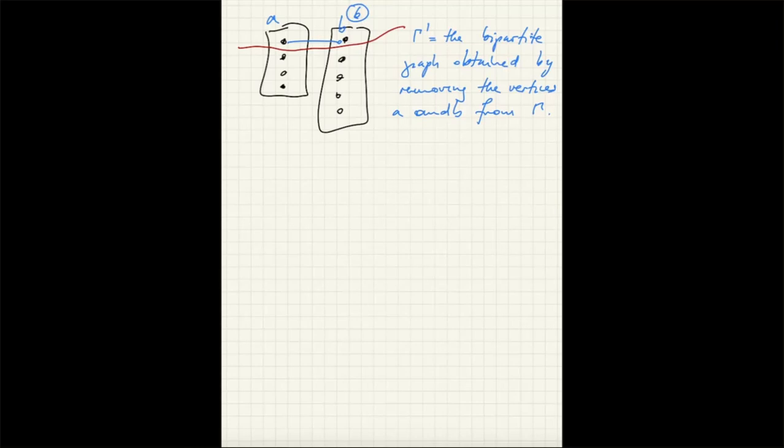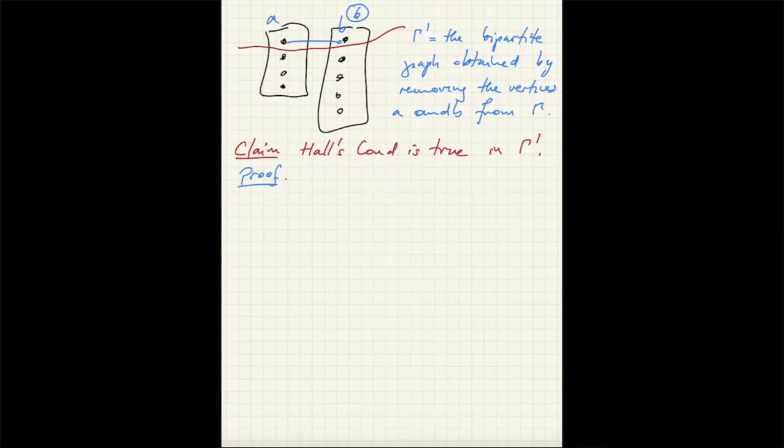Now I claim that Hall's condition is true in gamma prime. And how do we prove this? Well, let's take a subset of vertices here. So let me say something first.